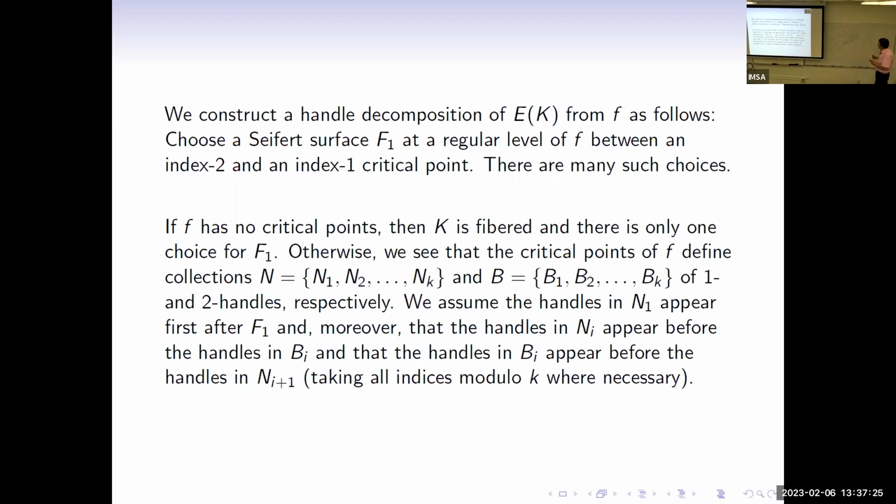But suppose we have a decomposition like here, where we put first 1-handles, then 2-handles, then 1-handles again, then 2-handles, then 1-handles again and then 2-handles.